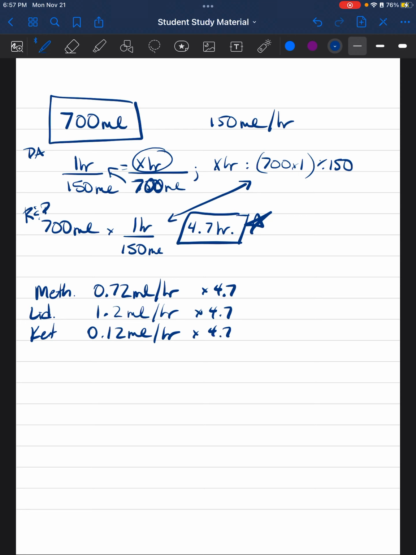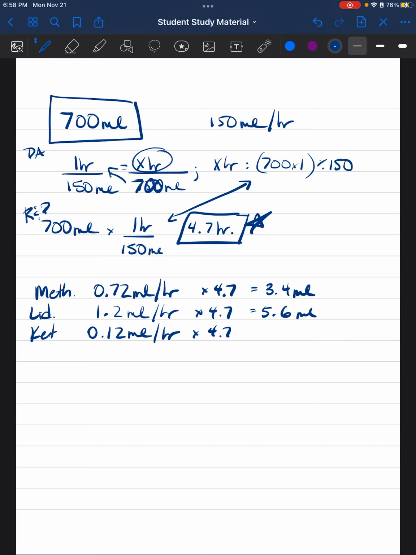So 0.72 times 4.7 equals 3.38, so 3.4 mils. And 1.2 times 4.7 equals 5.64, or 5.6. For our purposes here, we're just going to be rounding everything to 1 decimal point.